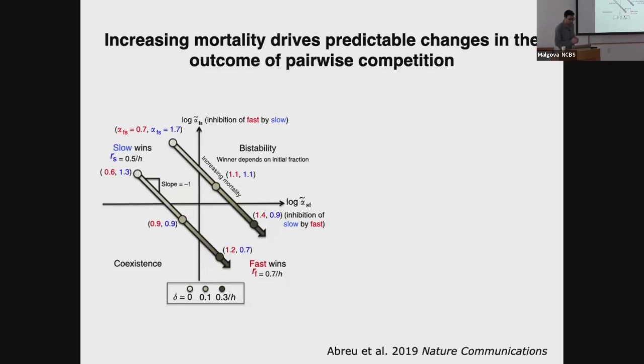One way to model this is to include a death rate in our model. And this is what some colleagues did a few years ago.